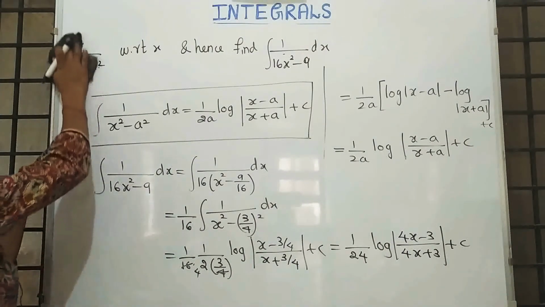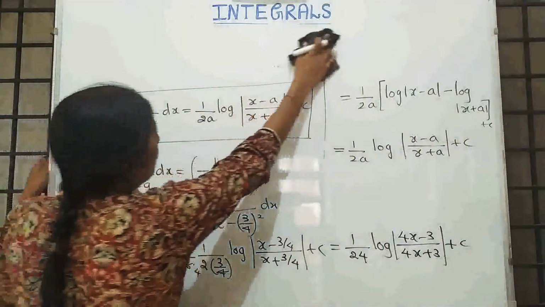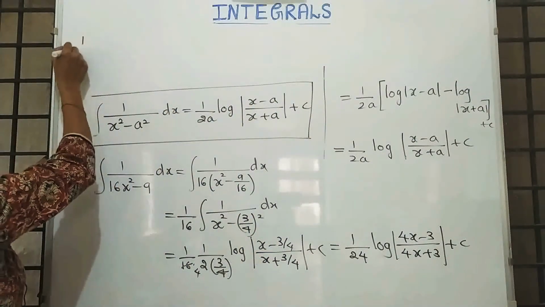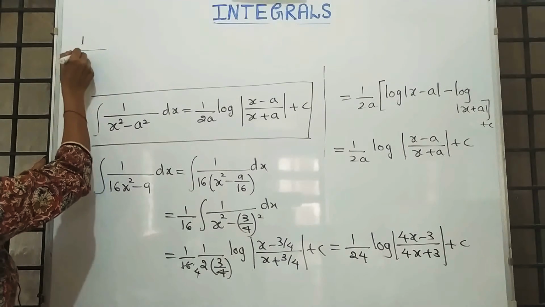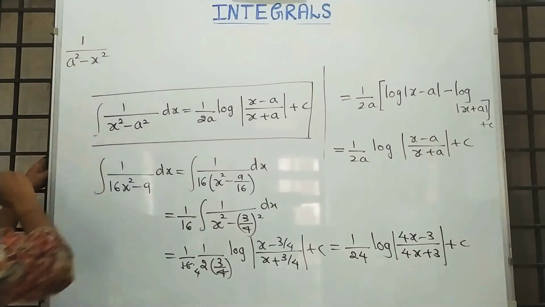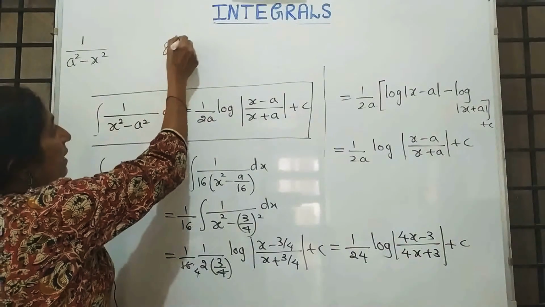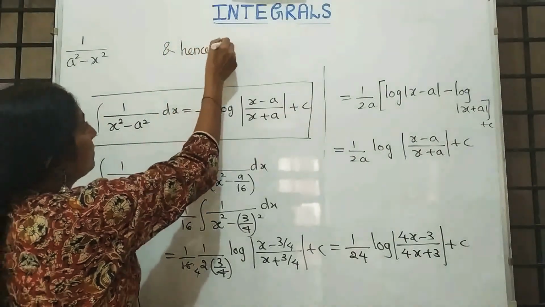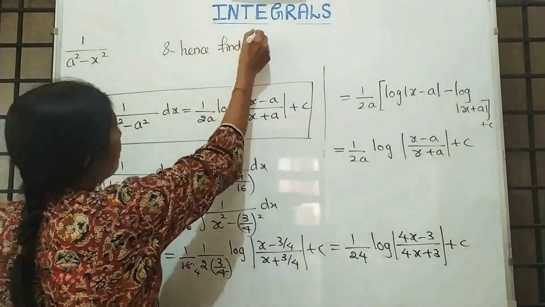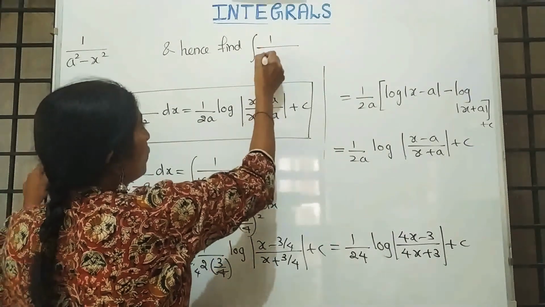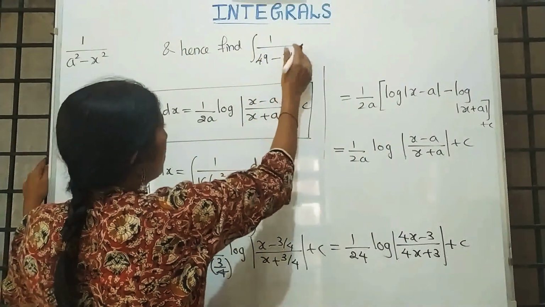Now moving to the third. Here x square minus a square, the next one is: find the integral of a square minus x square with respect to x, and hence find 1 upon 49 minus x square.